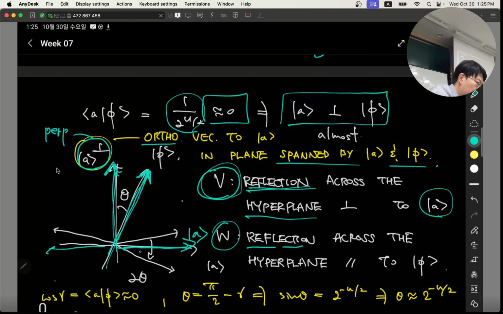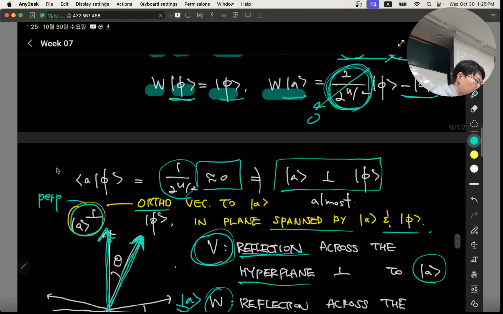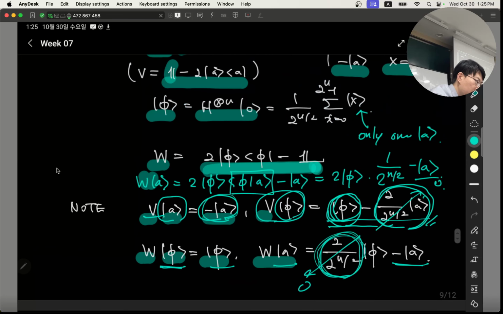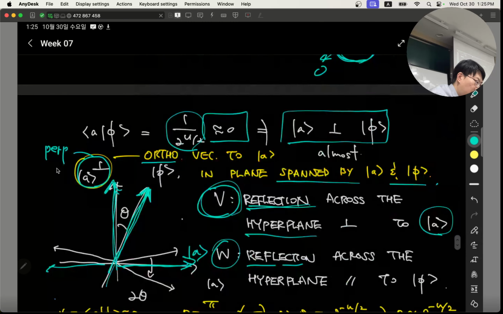So phi is here, so wait. W applied to phi is phi. Right, so W keeps the phi and it reflects across. I think there's a typo here.